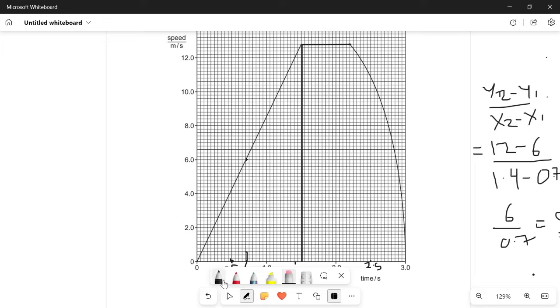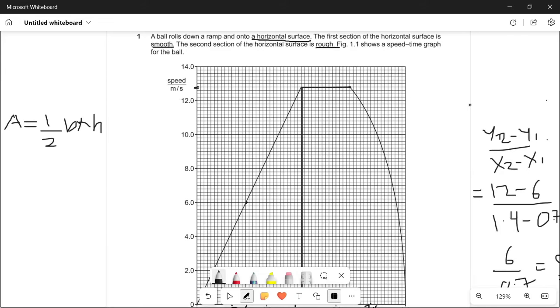To find the area of a right angle triangle, the formula is area equals half base times height. So the height, we have the point over here, and that point is going to be 12.8.